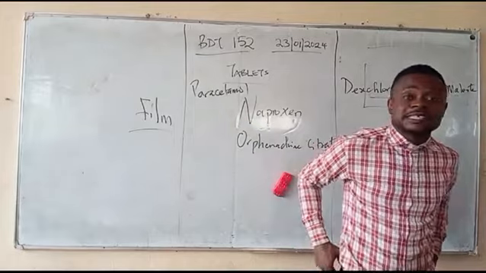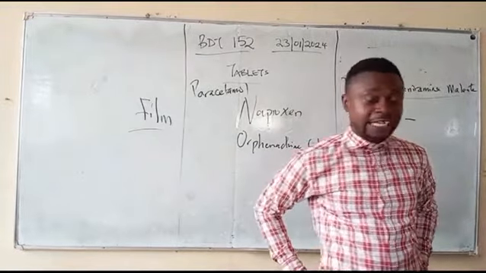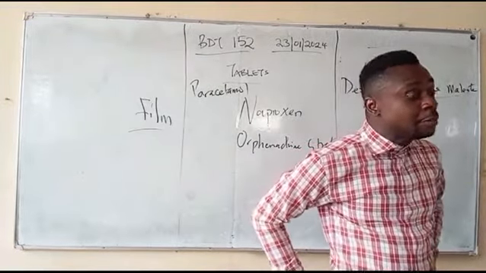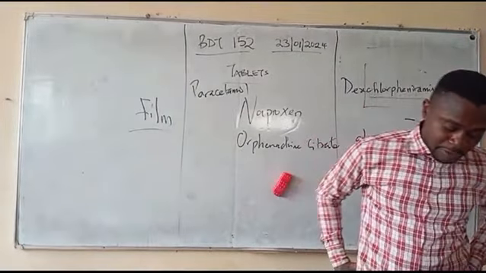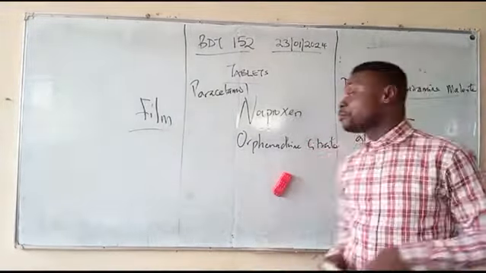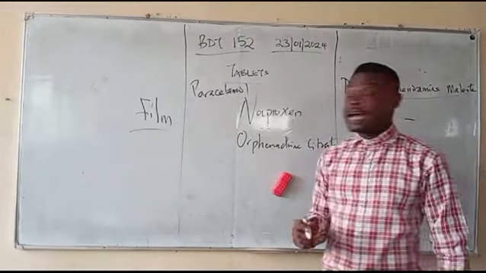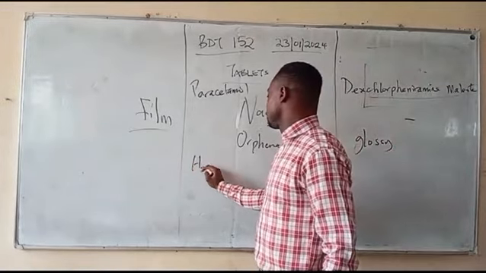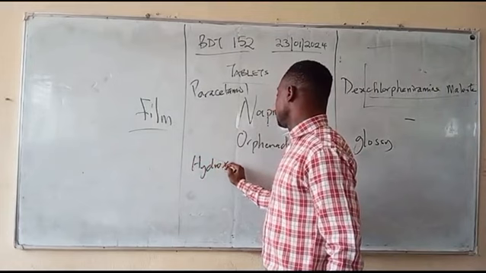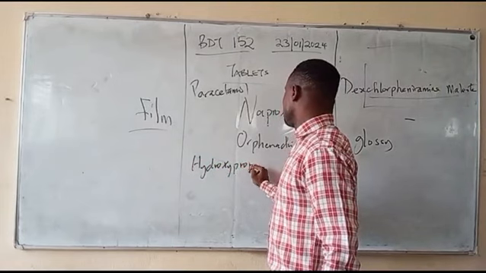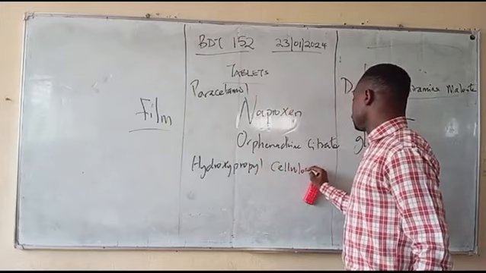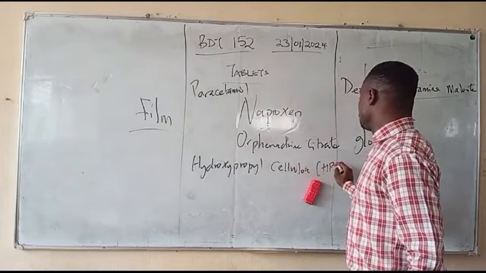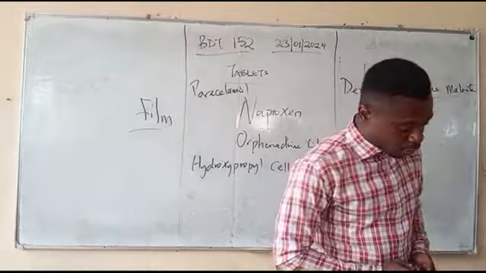Examples of materials used for film coating are as follows. They are mainly polymers. Polymers like hydroxypropyl cellulose, HPC.